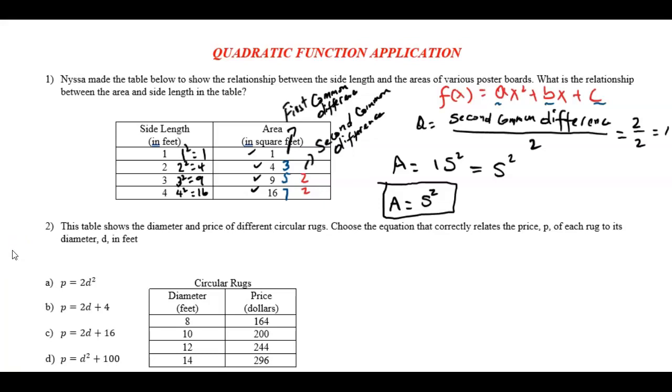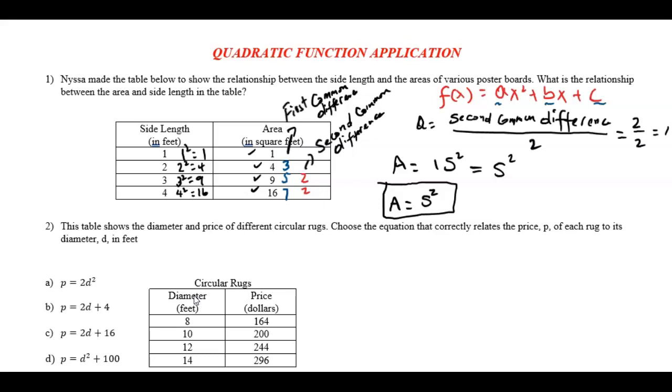In the second question, they say the table shows the diameter and price of different circular rods. Choose the equation that correctly relates the price P of each rod to its diameter D in feet. So this is the diameter of the circular rod, the rod that's a circle. The diameter is in feet and the price is in dollars.